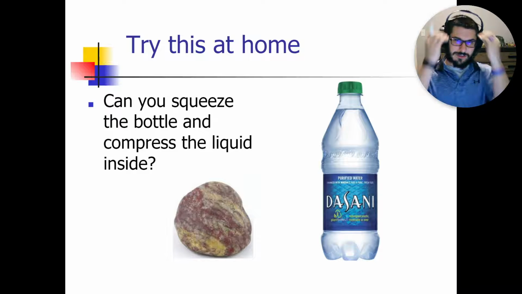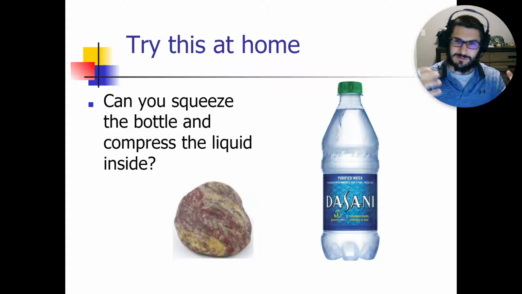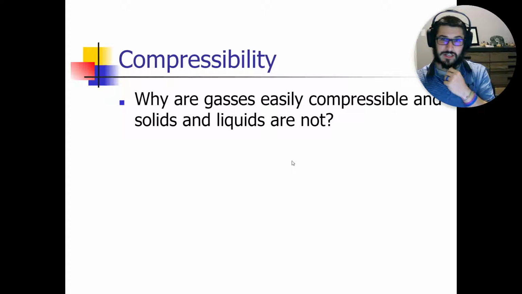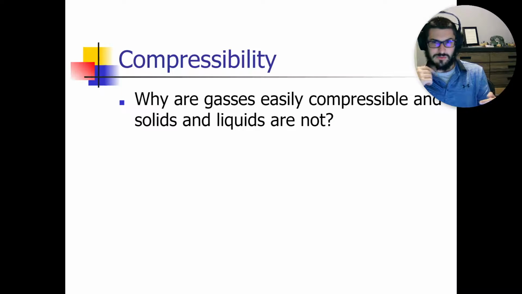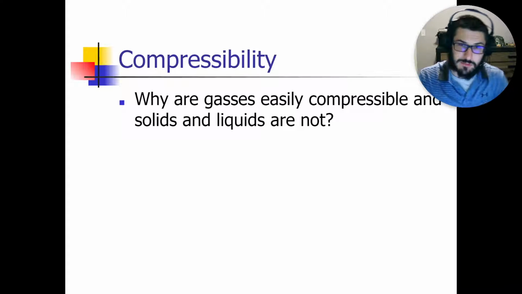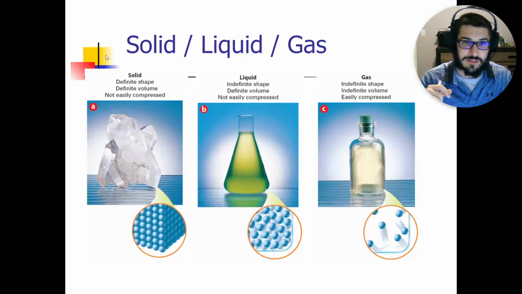So when you're thinking about compressibility, whether something can compress, you're thinking about, can you push those particles closer together? So why are gases easily compressible and solids and liquids aren't? Well, we talked about that briefly a moment ago. You've got the distance between those particles.